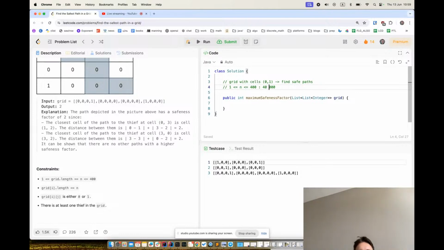Okay, and for 40,000 cells, I may generate some paths, and this would be a really hard way to do.